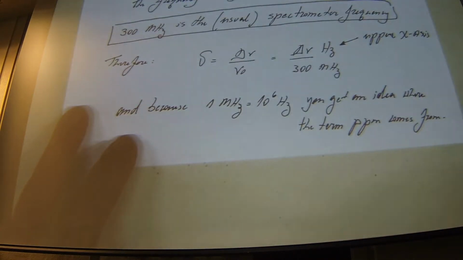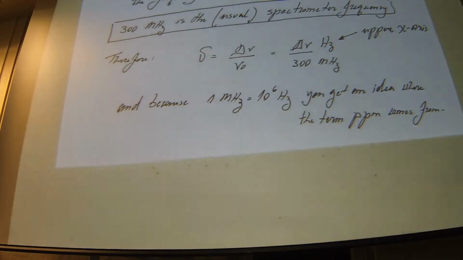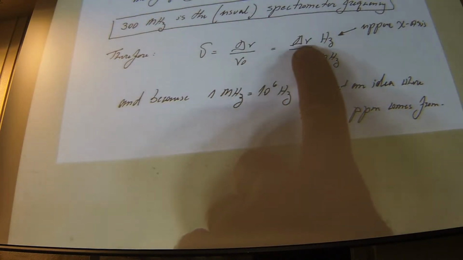So what I just showed you on that spectrum was that the parts per million, always given by Greek delta, is going to be equal to delta nu, where delta means a difference in frequencies, divided by 300. Now, what's this difference of frequencies?